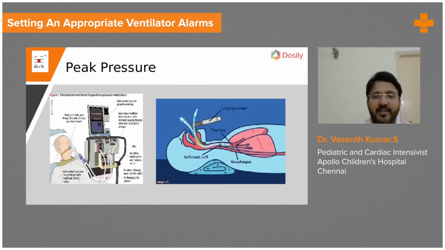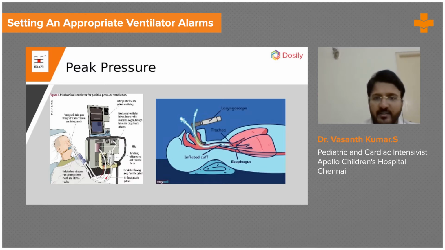Our job is to identify whether the problem is here in the airway, that is airway resistance problem is contributing to the high peak pressure, or it is the lung problem or the alveolar problem which is contributing to the high peak pressure. So it is very important to differentiate. Most of the reasons for high peak pressure will be the airway problem.